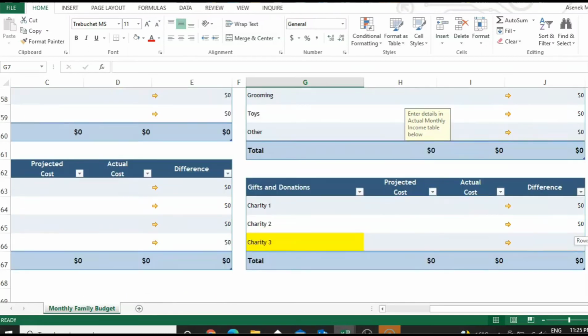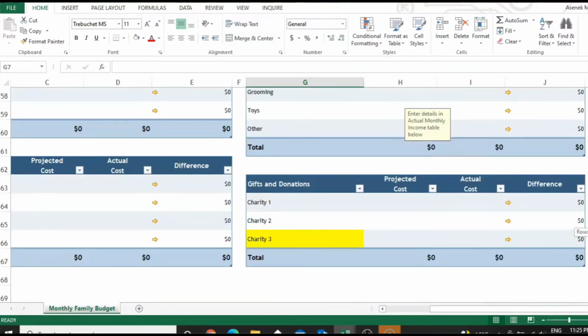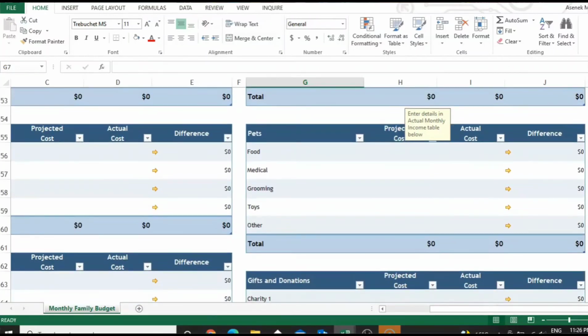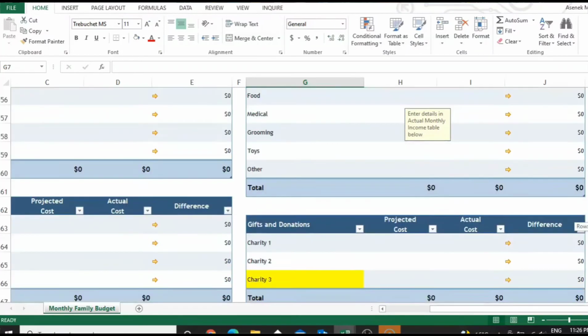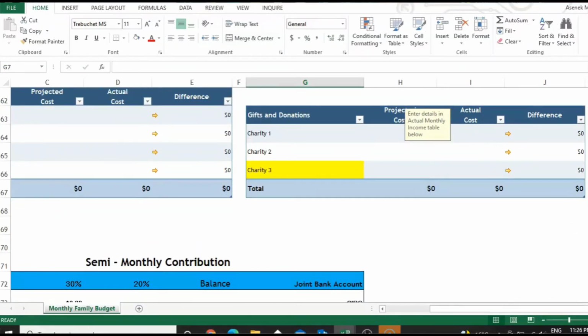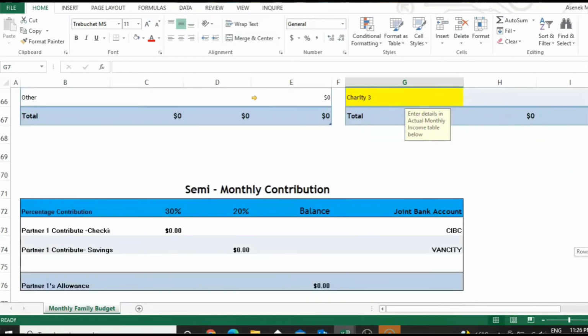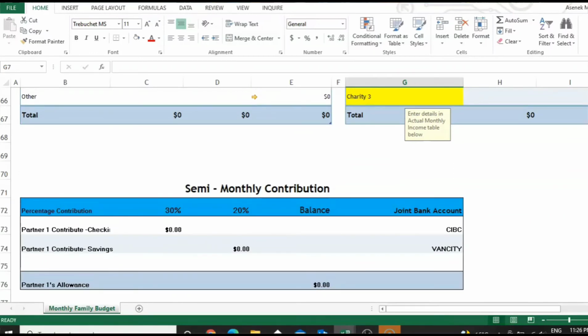The good thing about this Excel spreadsheet, this budget spreadsheet, is that it helps you to understand how much you spend on each category, on each budget item, so that at the end of the month, if there's any area where you're overspending, you can always make adjustments. So this is where the best part comes in. If you are a couple and you are deciding on how much you should contribute towards running your home, and you have talked about this and agreed on a certain percentage, this is what you can do.